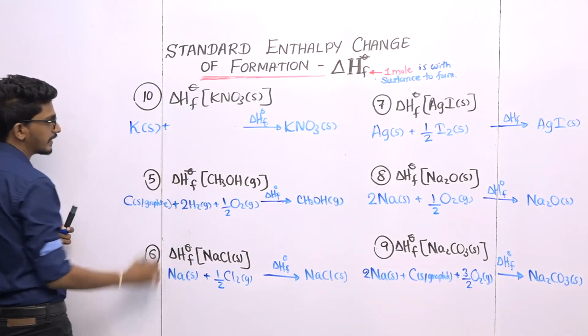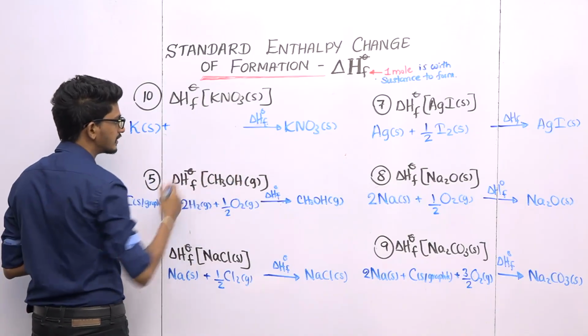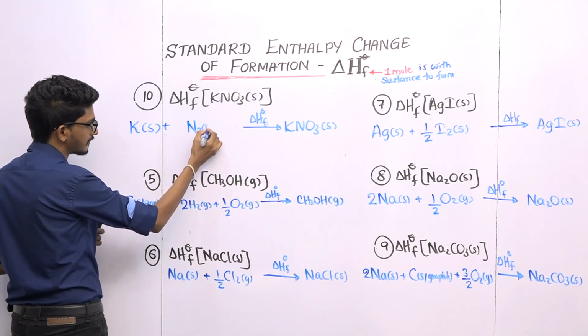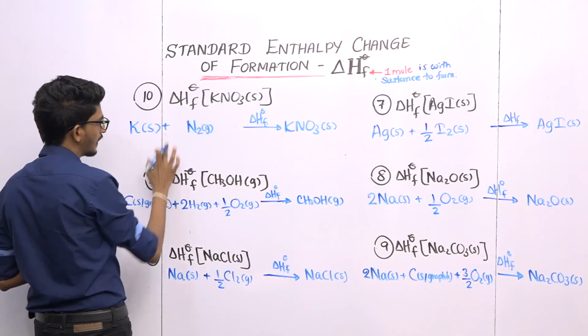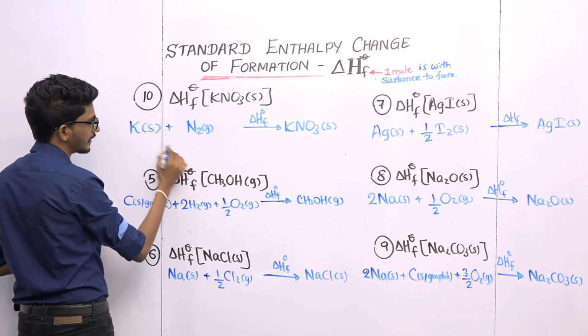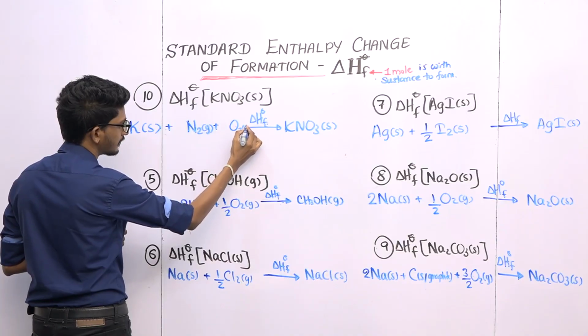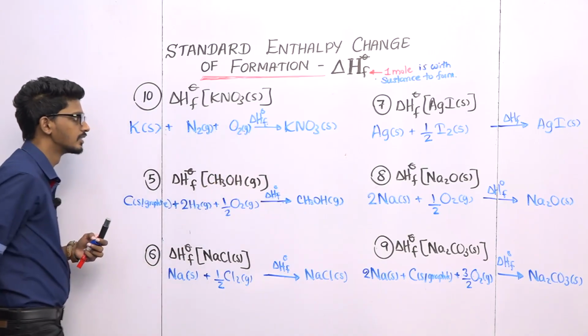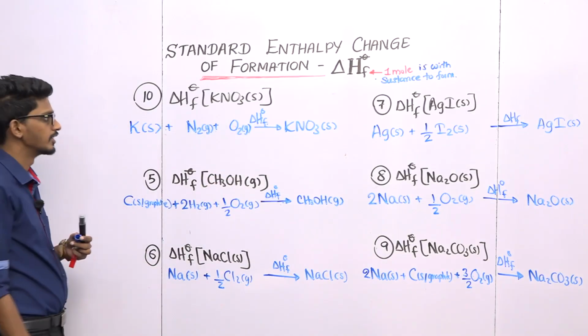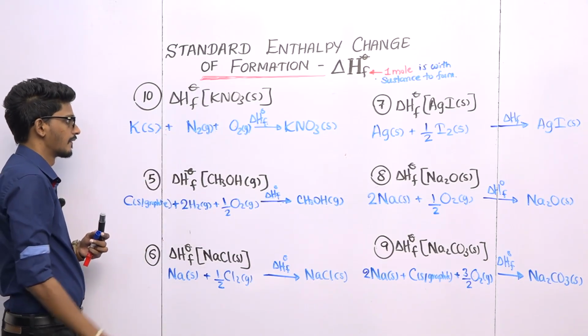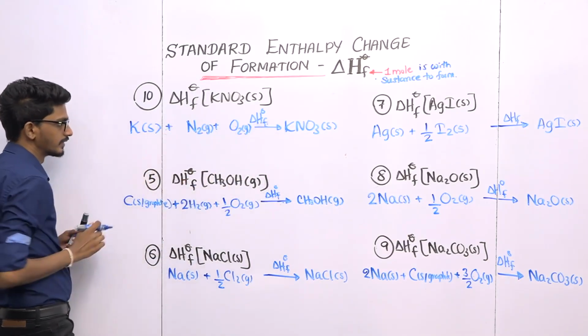Then the reference form of nitrogen is the N2 gas, and the reference form of oxygen is the O2 gas. Now we need to balance it. One potassium appearing, okay.